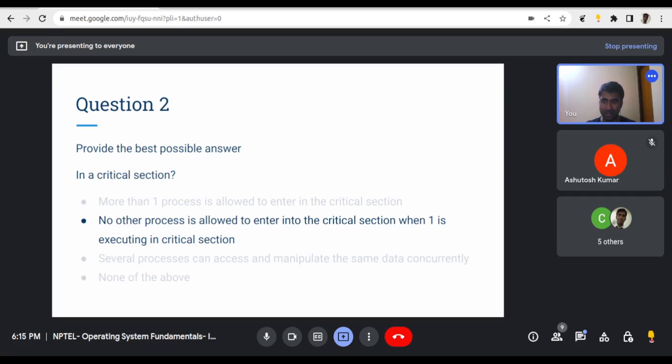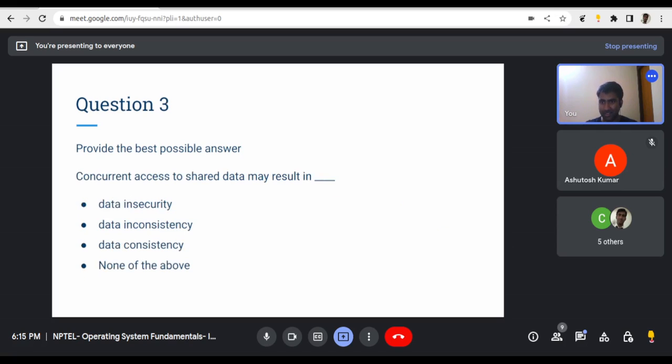Anyway, let's progress with the next question. Concurrent access to shared data may result in data insecurity, data inconsistency, data consistency, or none of the above. Which one do you think is the correct option?